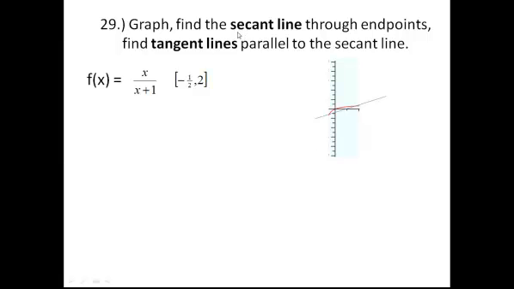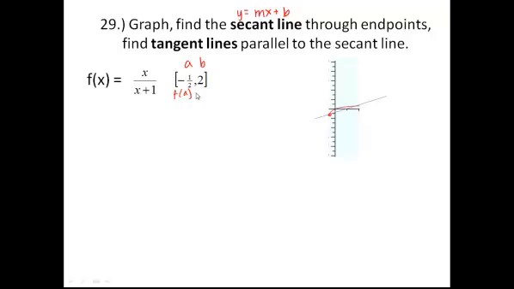So in order to do that, we're first going to have to find the m part of the y equals mx plus b. To do that, we just use slope because we have 2 points. So I'm going to begin by finding that point right there, and this is going to be my a, this is going to be my b. So what is f of a if I plug in the -1/2?